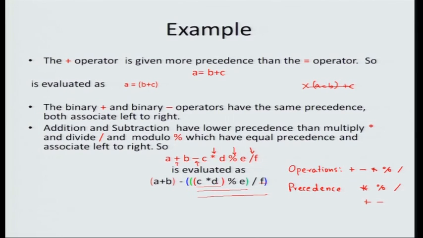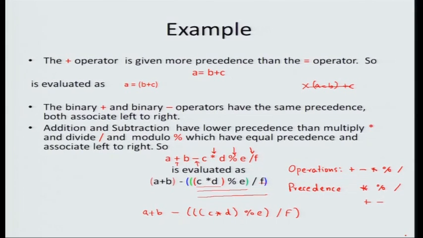Once you are done there, then you come to plus and minus. Once we have finished with this, you will have some situation like this: C star D modulo E divided by F, and then on the remaining side you have A plus B minus this. Now you have to decide which way you will do the plus and minus.